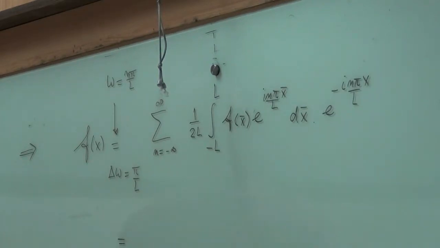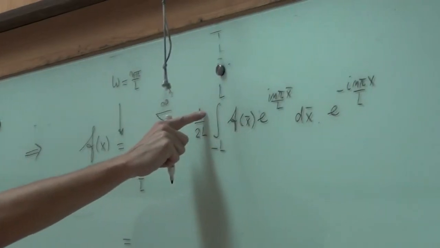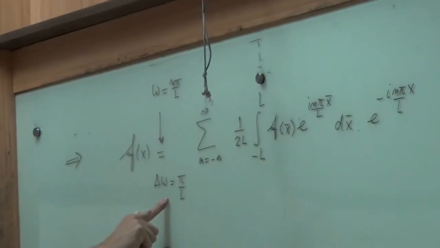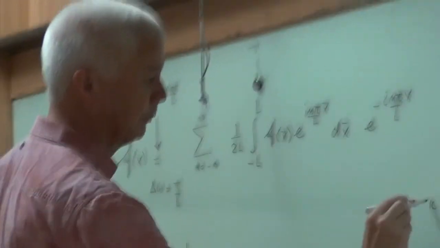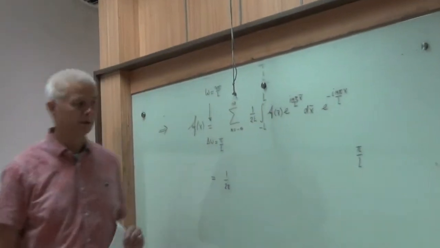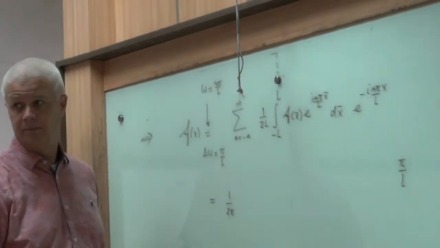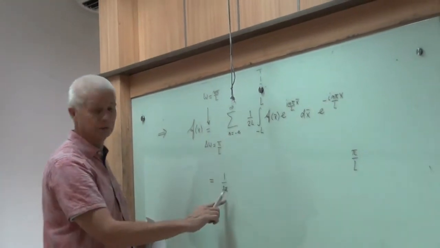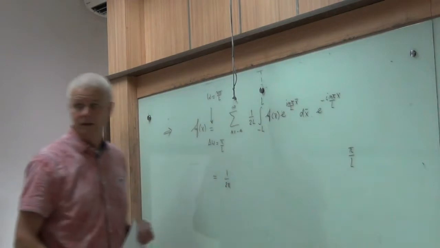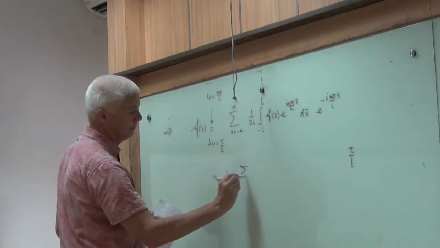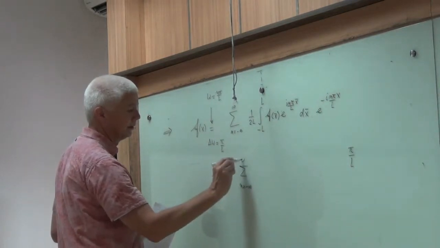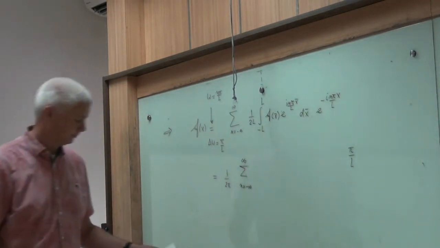So what's happening with this? Well, I would like to have here pi over L, because then I have d omega. Pi over L, so I get 1 over 2 pi. And I place here pi over L. So I change the 1 over 2L, I change nothing: 1 over 2L is 1 over 2 pi times pi over L. Then I'm working with the rest of the formula. Sum n is minus infinity to plus infinity.